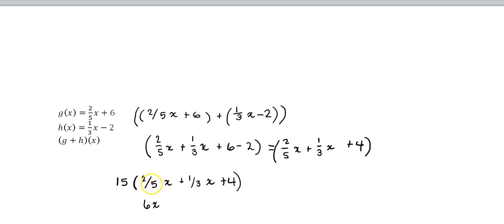Here I'm going to cancel this, so it becomes a 5, and that becomes a 1. And then here, 15 times 1, that's 15 divided by 3 is going to get me 5x, plus 15 times 4 is going to get me 60.